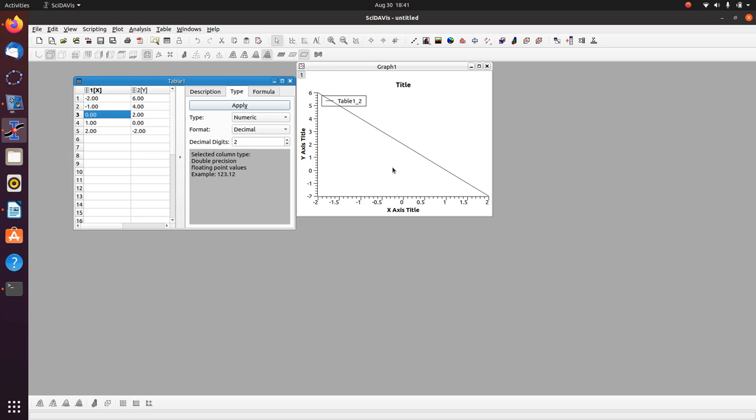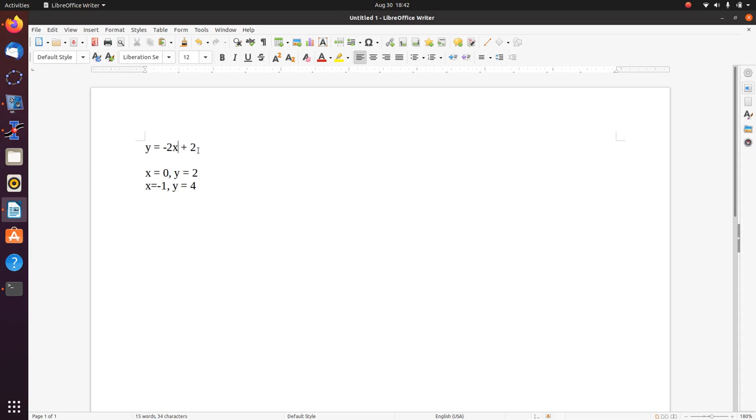So what we can see here is that we have this line that's decreasing. So we have a decreasing line. This decreasing line tells us about the behavior of this function, which was y equal to -2x plus 2.